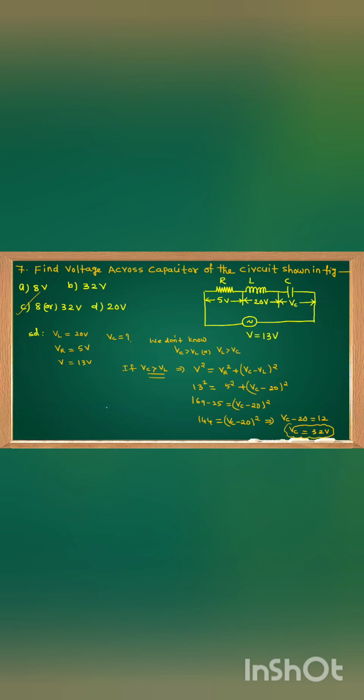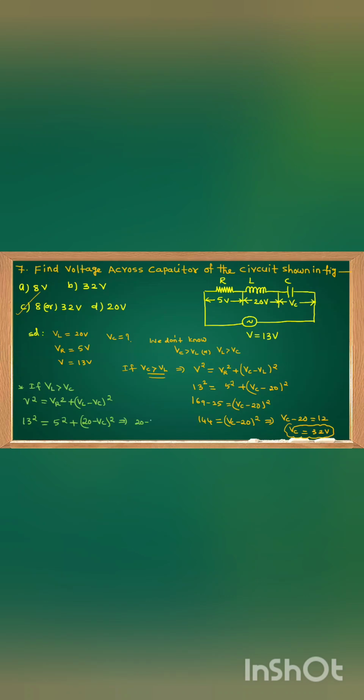Now I'm taking one more condition. I don't know whether VC is greater than VL or VL is greater than VC. That's why, if VL is greater than VC, then apply V square equals VR square plus VL minus VC whole square. This is 13 square equals 5 square plus 20 minus VC whole square.